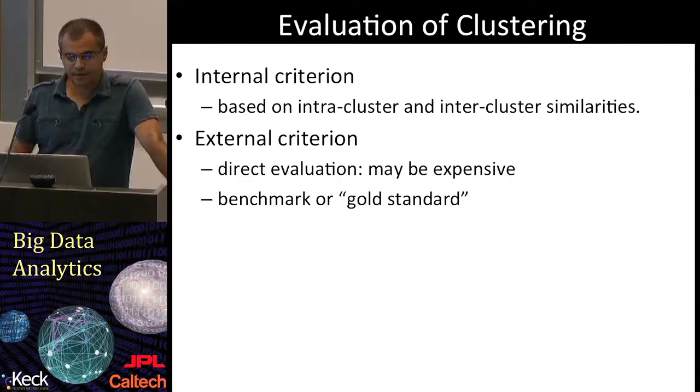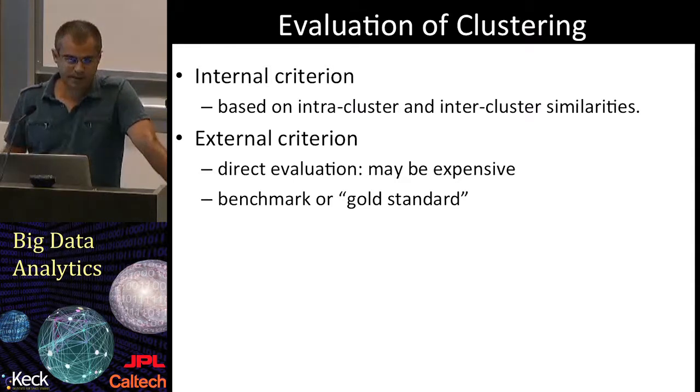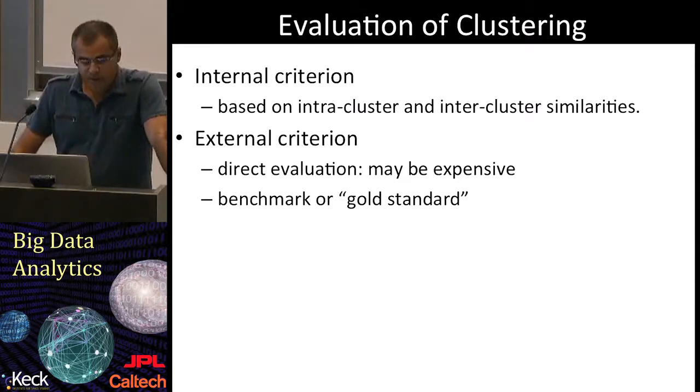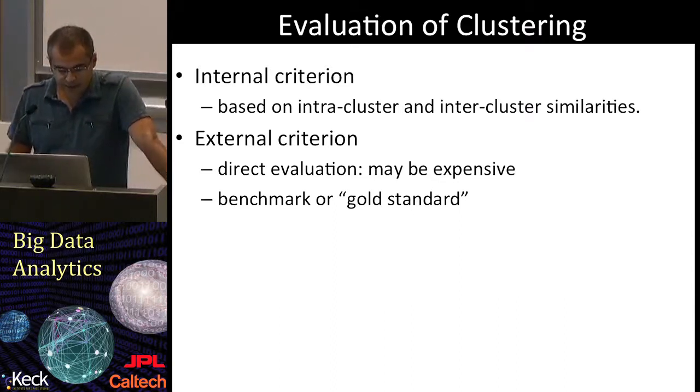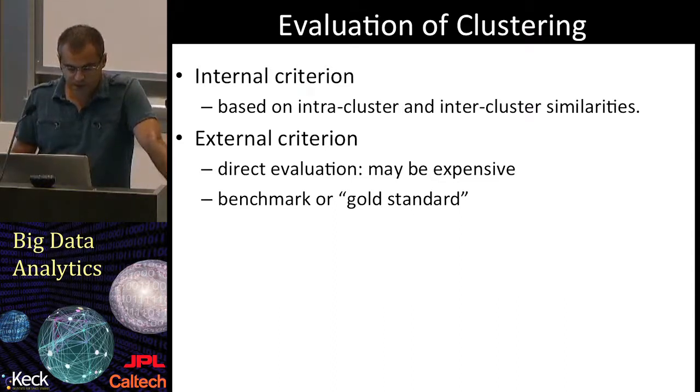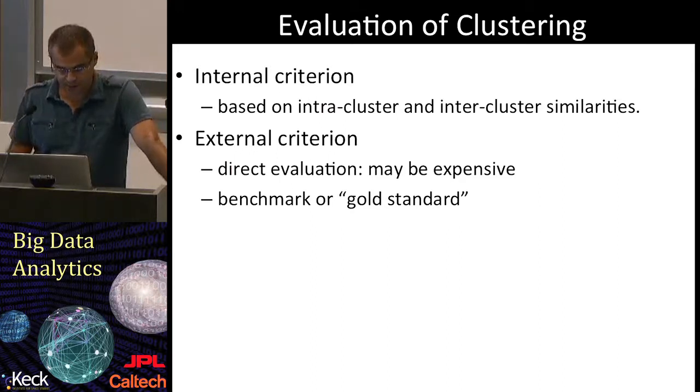So let's start with how to evaluate clusters. We can use two types of criteria, internal criteria and external ones. Internal criteria are based on the distances between points in clusters and the distances between the clusters. And we'll see them in a moment because there are many ways to compute those. External criteria can use direct evaluation and the gold standard when available.